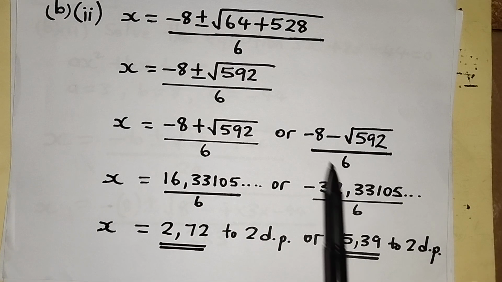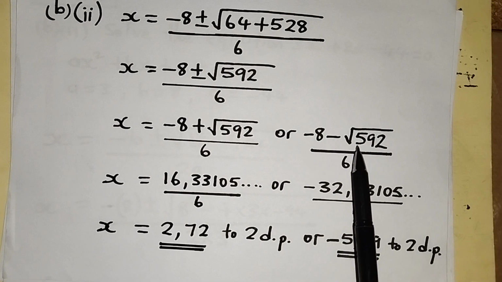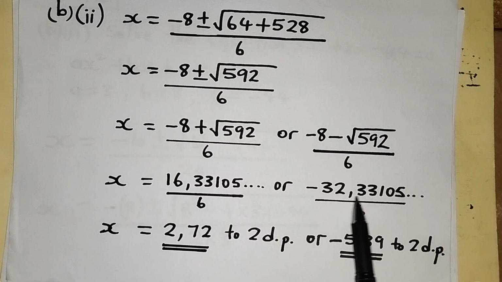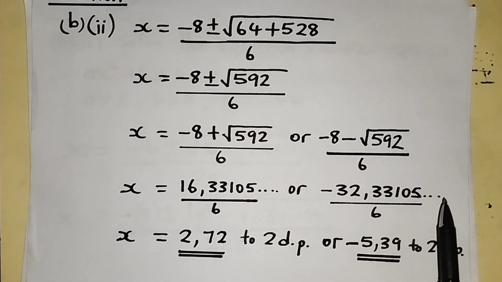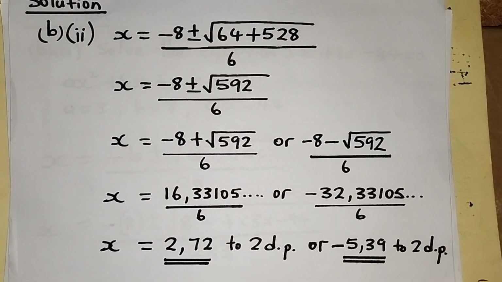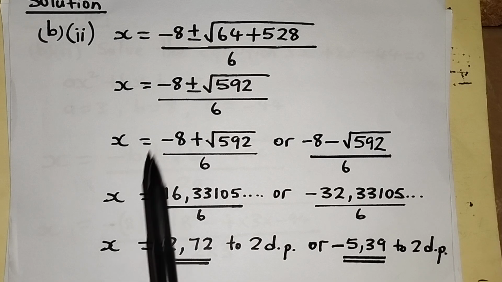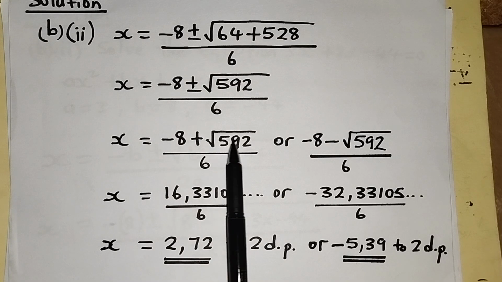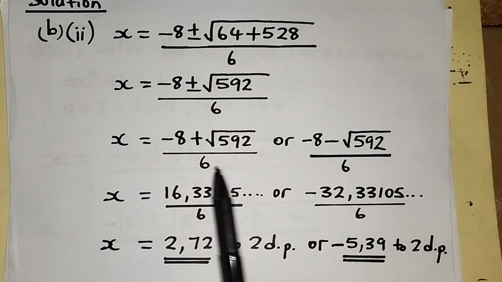Here as well, you must say minus 8 minus square root of 592 and get the answer first, which is minus 32,33105 etc. And then you divide by 6 afterwards. Don't just enter all these values at once, or you get the wrong result. You must first find the answer of the numerator on its own and then divide by 6 afterwards.